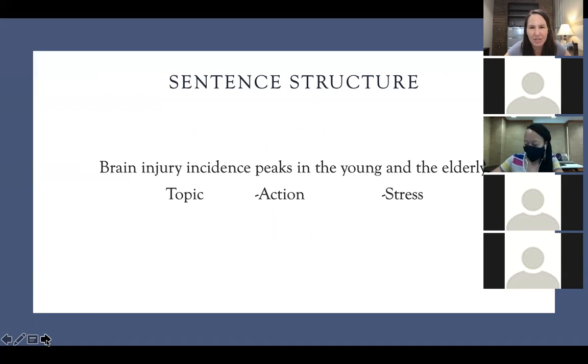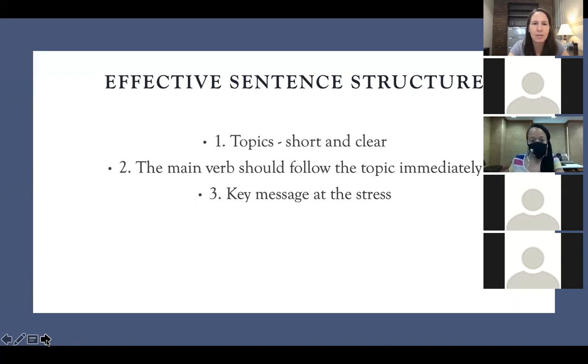But we're going to change the wording up a little bit and think about how the beginning of the sentence is the topic of the sentence. Around the verb is the action. That's what's happening. And the end of the sentence is really where the stress is placed in the sentence.